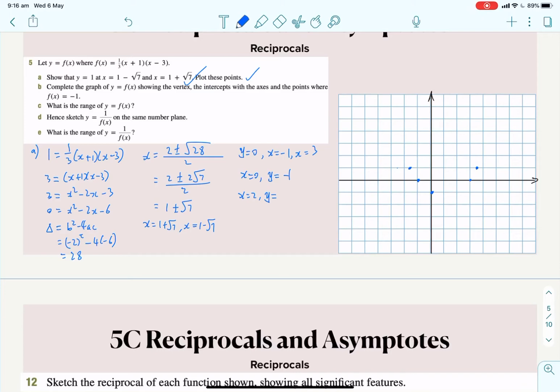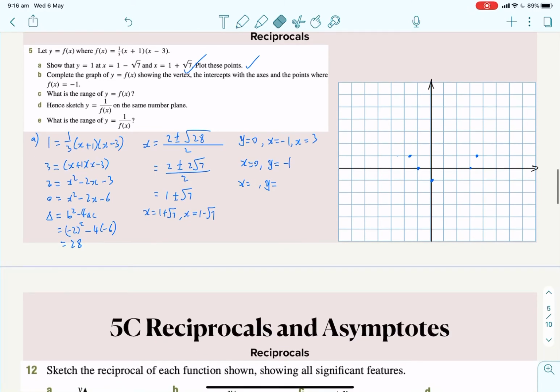Oh wait, that's not 2. Sorry, that's 1. Halfway between -1 and 3 is 1. My bad. So 1 plus 1 is 2. 2 times -2 is -4. So the vertex is (1, -4). Okay, so -3 is here.